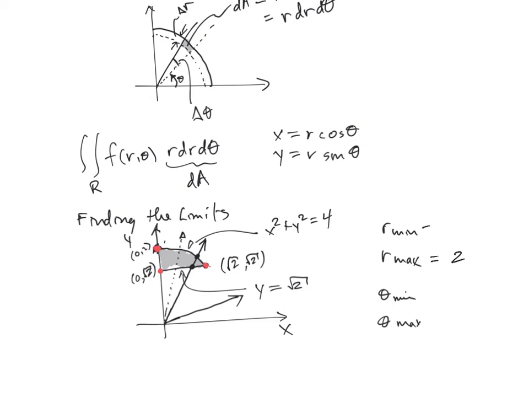Okay, but what about r min? That starts to look a little complicated, because now we'd have to do something like this. Draw a right angle triangle. I'm dealing with this arrow here. Its theta looks like that.